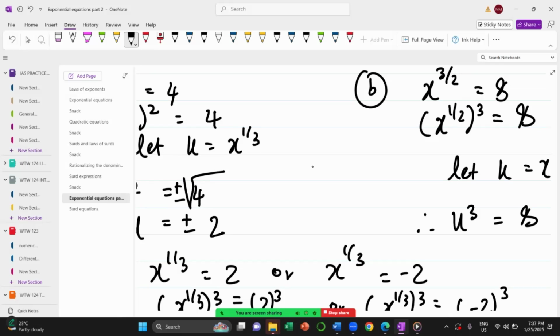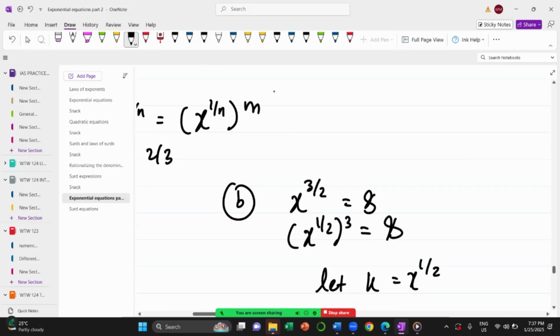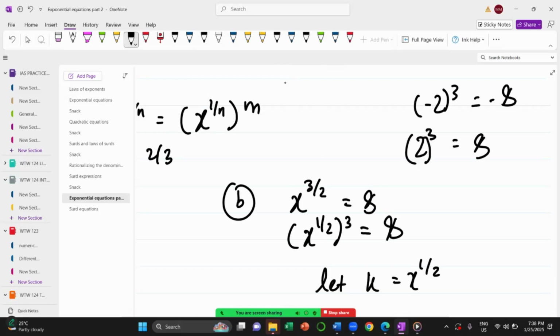Think about it. If I say 2 cubed, it's always going to give me 8. But if I have negative 2 all cubed, it's going to give me negative 8. You see, this positive 2 and this negative 2 give me different values.